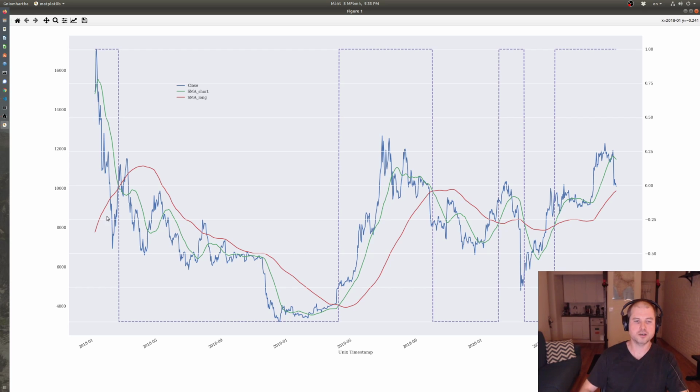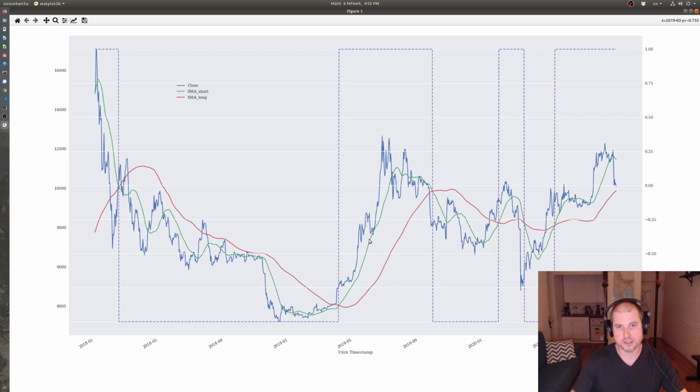So here is the plot we were just looking at, the price, the two moving average lines, and you can see that the bot changes position from long to short when the moving average plot lines cross over each other. At every point when that happens, the bot decides, okay, if the short-term average is greater than the long-term average, that means that the market price is going to increase in the future.